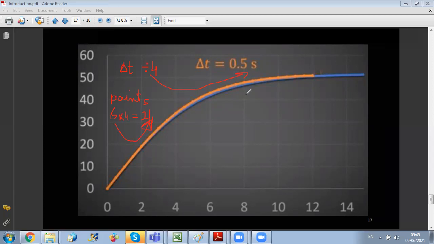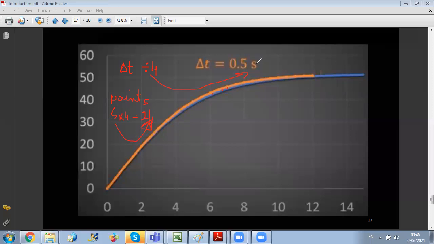But look, the result is better because now when I take this high number of points, I can approximate the blue curve with very good accuracy. And the error is very, very small, so that I can see that nearly they are coincident curves in this case.